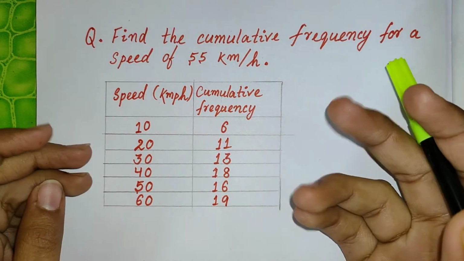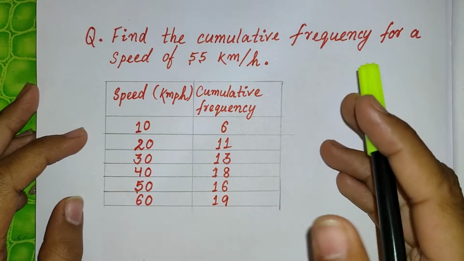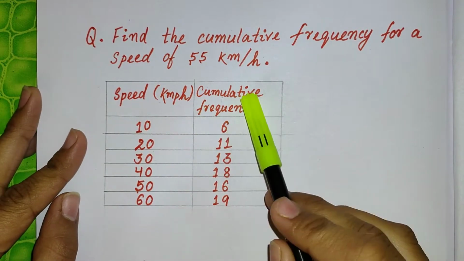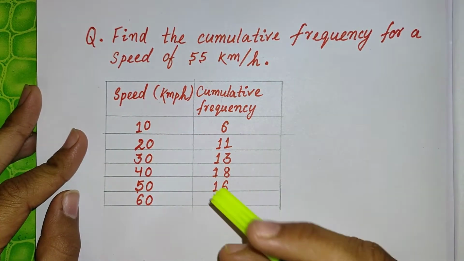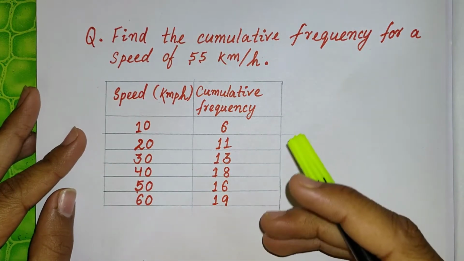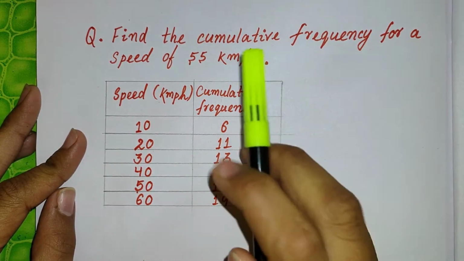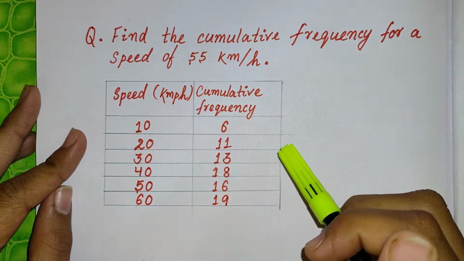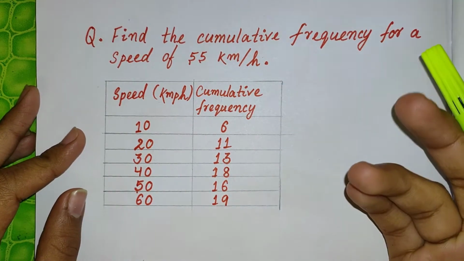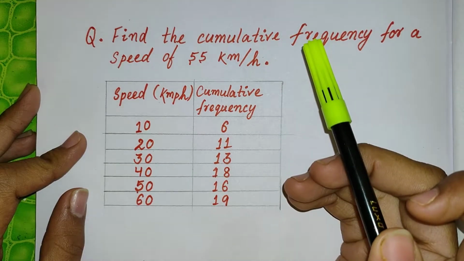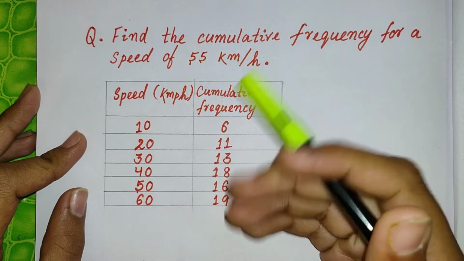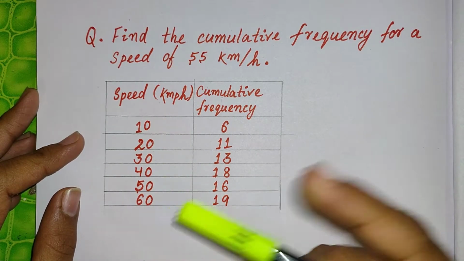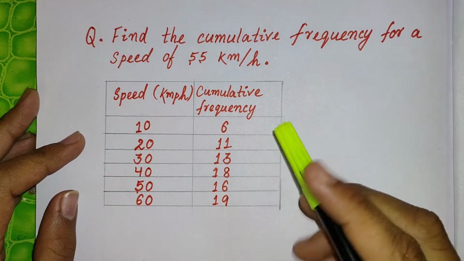So here you are given two columns, speed and cumulative frequency, and you have to find the cumulative frequency for a speed of 55 km per hour. Let me first check whether the cumulative frequency for 55 km per hour is given or not. I think the value is not given.